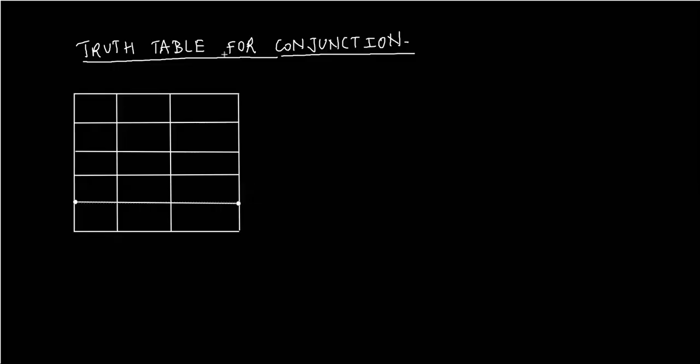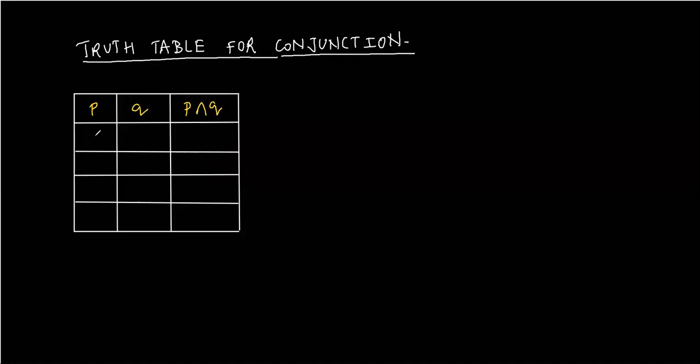So students, now we are going to learn the truth table for a conjunction statement, a compound statement which is conjunction. So let me have two component statements P and Q, and the conjunction of these two will be P and Q. We will have different possible combinations of truth values of these two statements.